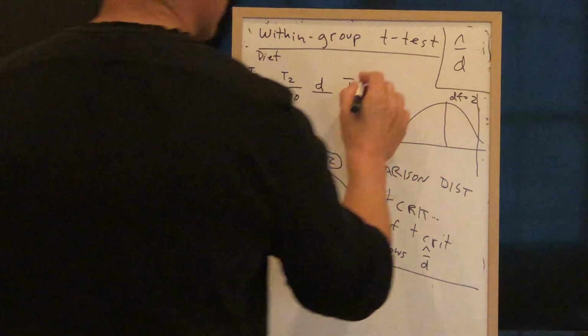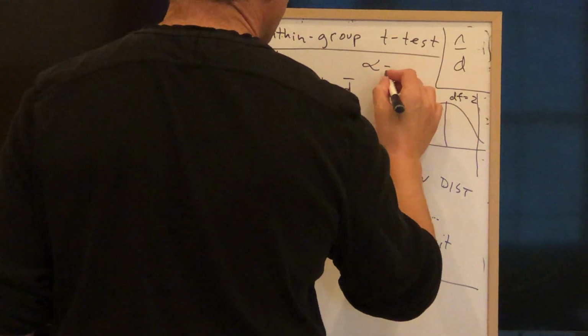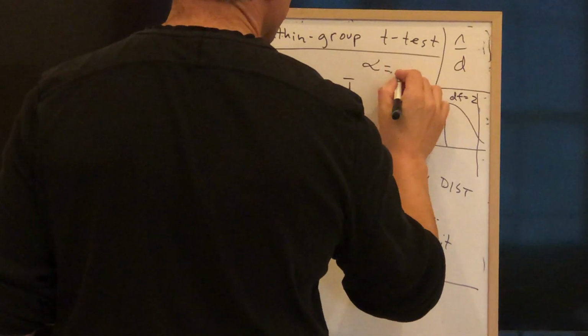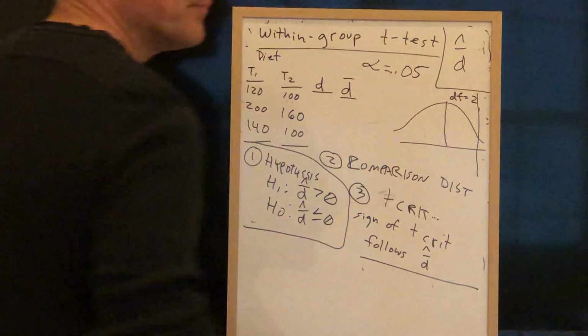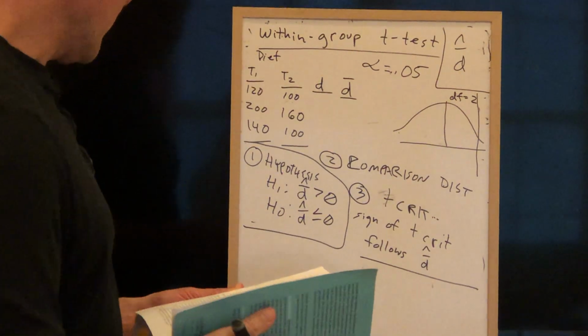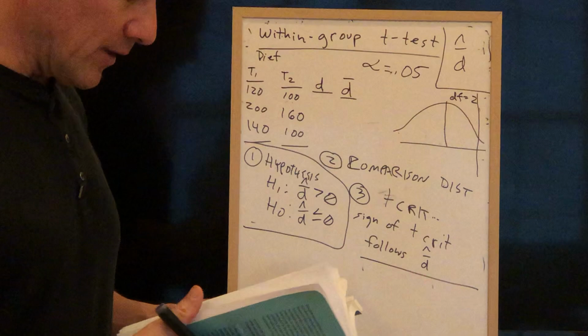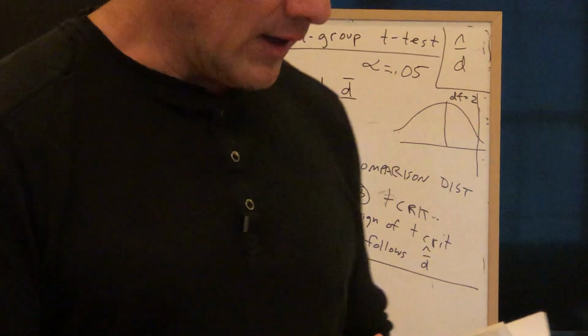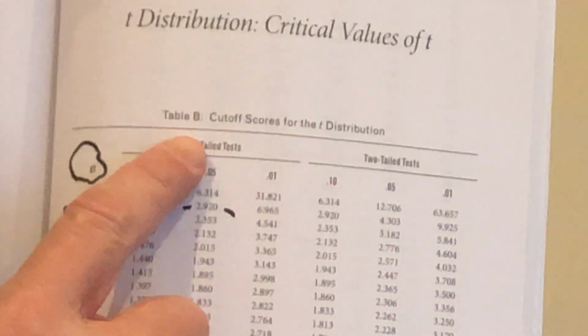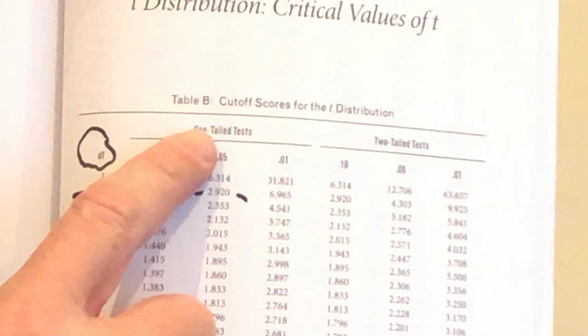I didn't give you an alpha, but I can give you that alpha of 0.05, which is standard. And if we look up the t-critical here, we're going to see the same exact situation we found last time. 2 degrees of freedom, it's a one-tail test, because we're making a prediction in a specific direction, and the answer is 2.92.